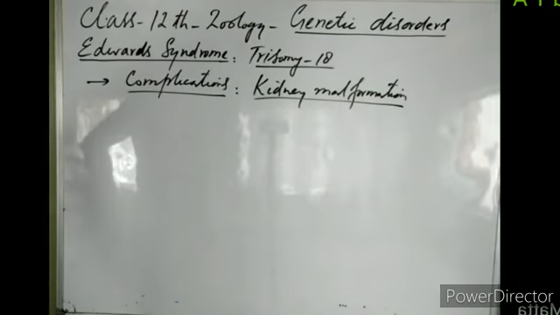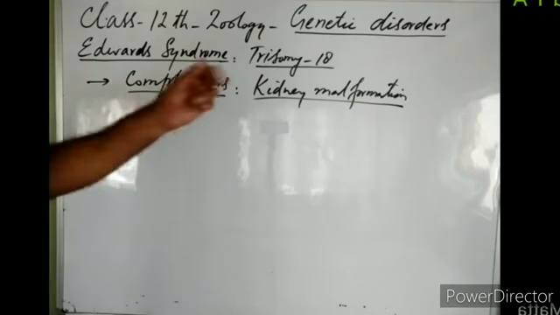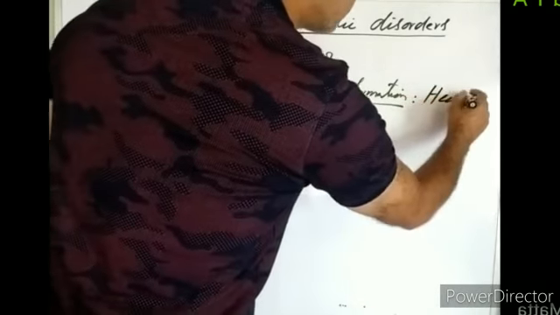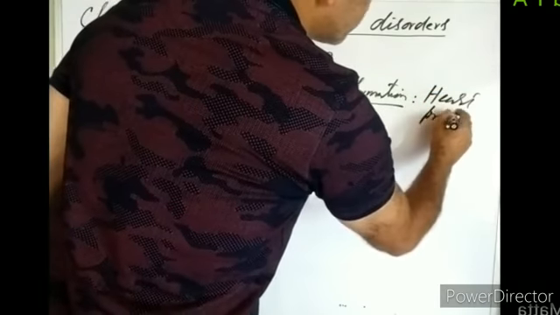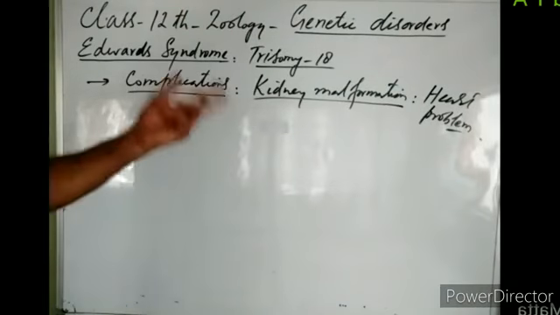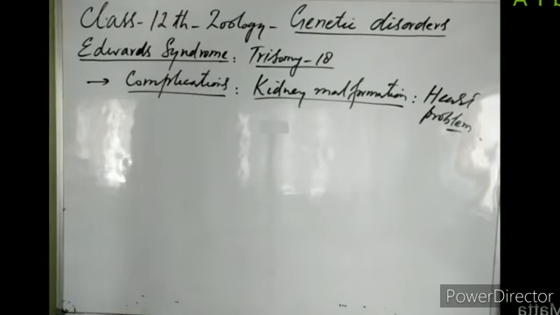Their kidneys are not structurally normal. They show some kidney abnormalities, right? They also suffer from heart problems. They show atrioventricular or ventricular septum defects, right? So their heart valves may be malfunctioning. They may be malformed, right?